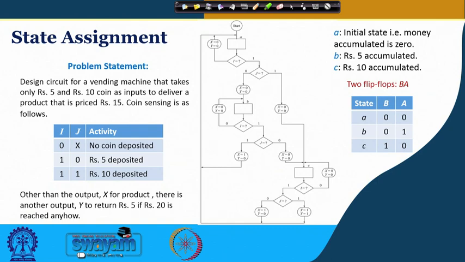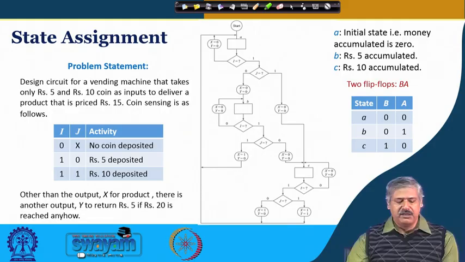So for ASM chart based circuit realization, the problem that we had taken up in the previous class, we continue with that, okay. The vending machine problem where only rupees 5 and rupees 10 coins can be deposited and the product is priced at rupees 15.